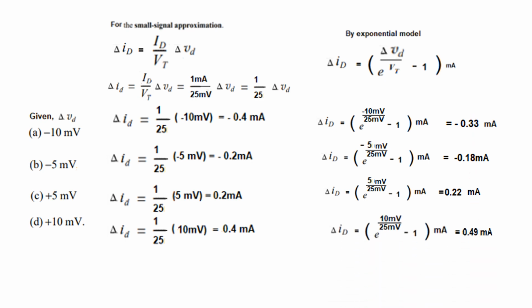So we get these four answers. Now if you compare the answers, there is a slight difference. Here it is minus 0.4, here it is minus 0.331, and similarly all others. But this may be because of the approximations that we are using here.